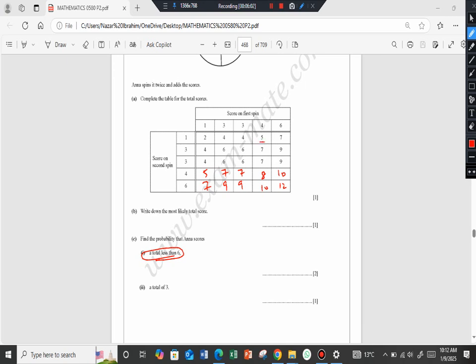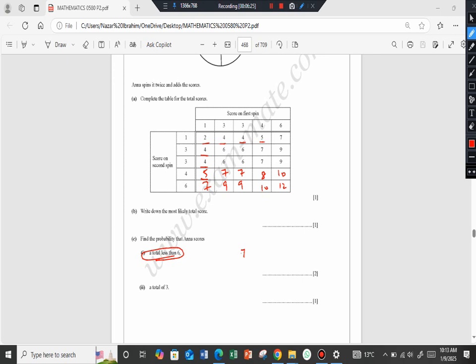So counting them: 1, 2, 3, 4, 5, and this one is also included, 6, 7. Seven are those sums which are less than 6.